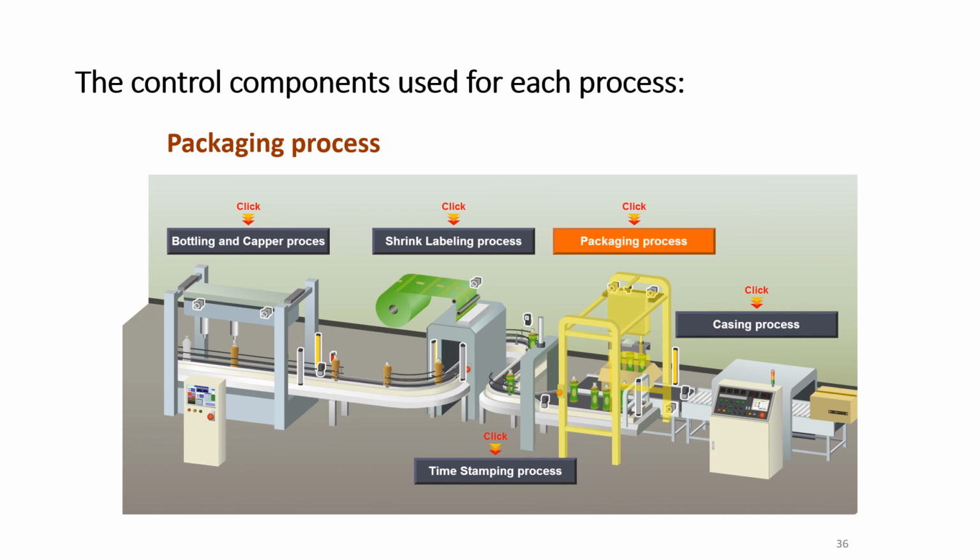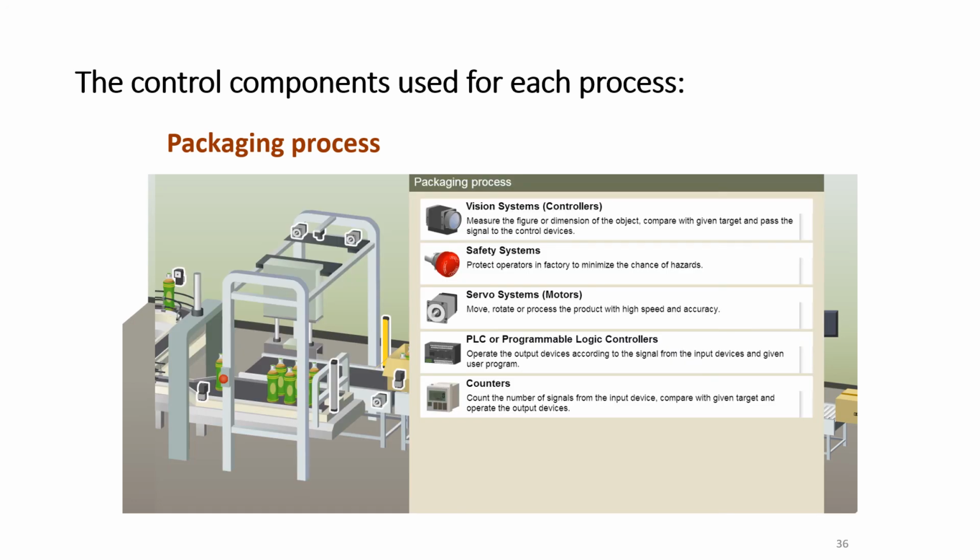The next process is the packaging process. At this stage, we put bottles inside the boxes and we pass the box to the next process. In this process, we have vision systems, safety systems, servo systems, PLC, and we have counters.